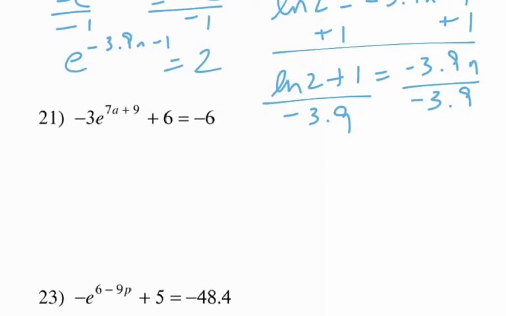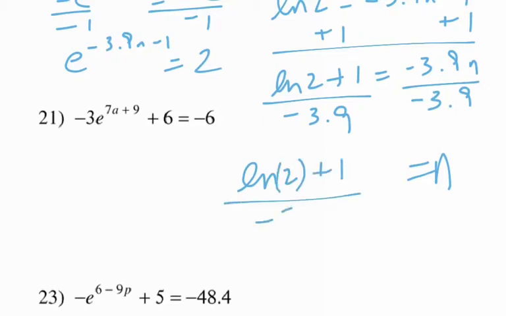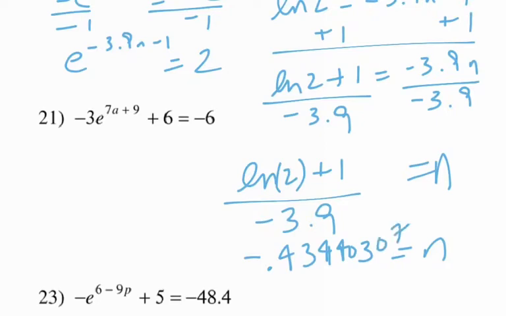So I wind up with n is equal to ln of 2, make sure you close the parentheses after the 2, plus 1 over negative 3.9. So typing that into my calculator, I wind up with negative 0.4341403027.